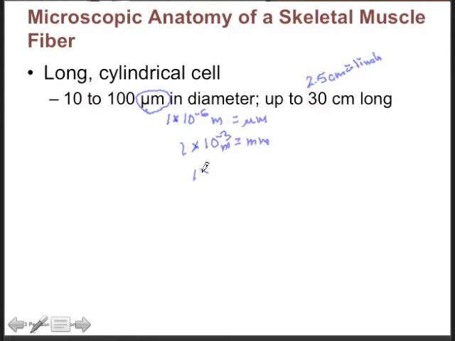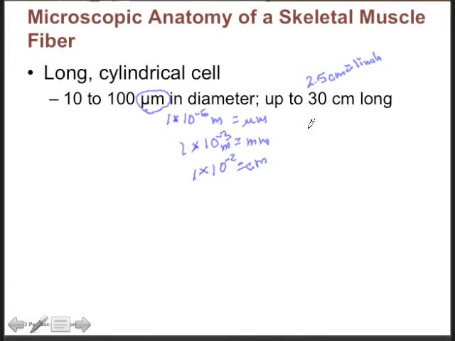Well, it's 1 times 10 to the minus 2 meters. So you're talking here a very, very narrow diameter.